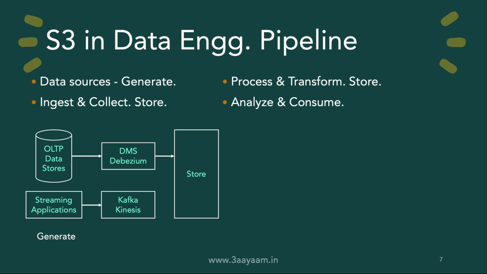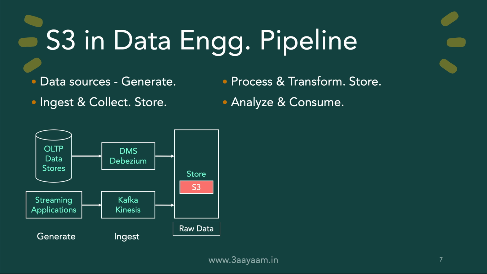And after collecting or ingesting the data, we store the data somewhere. So this second stage is the ingest stage, wherein we are ingesting data from relational or NoSQL operational databases or from streaming applications. Then we store the data somewhere, and that storage is basically raw data. This is not processed data.